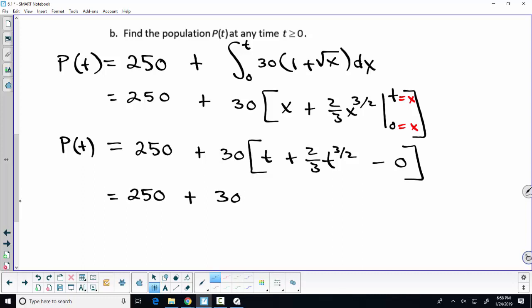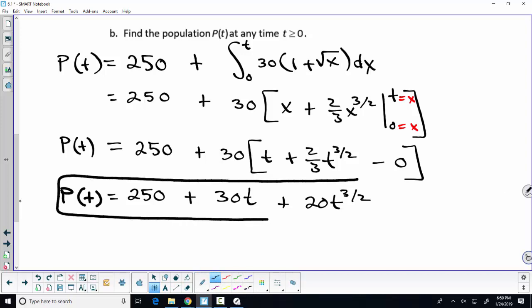So then we distribute that out. We've got our 30t, and 20 t to the 3/2 as the population function for any time. And if you wanted to verify what we've done in part A, just plug in 20 for this t, see if you get 2,600, whatever it was.